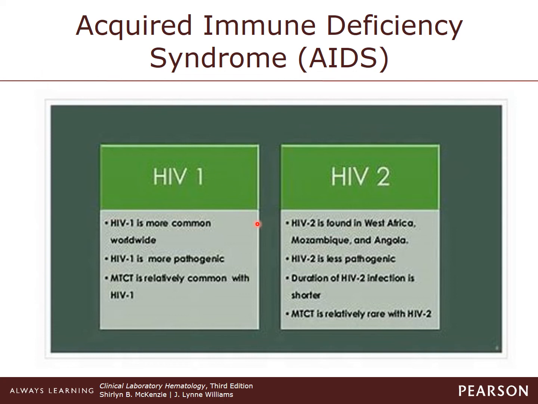So the first condition here is acquired immune deficiency syndrome, or AIDS, a highly lethal immune deficiency disease first described in 1981. The disease is caused by an infection with a retrovirus, human immunodeficiency virus, either type 1 or 2.